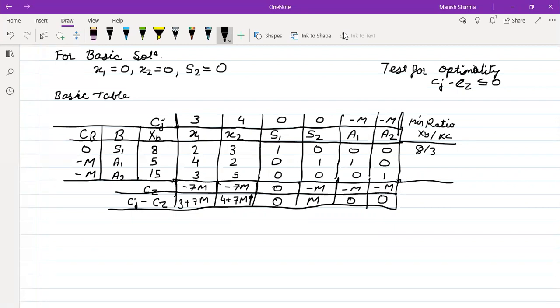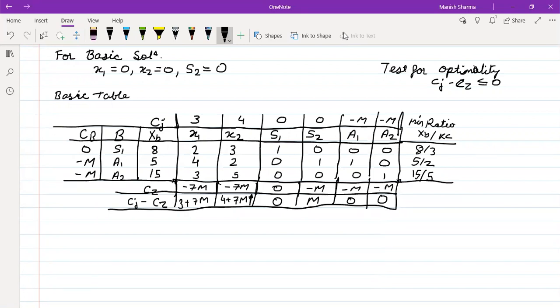Then next is 5 divided by 2. Next is 15 divided by 5, which is 3. Correct?